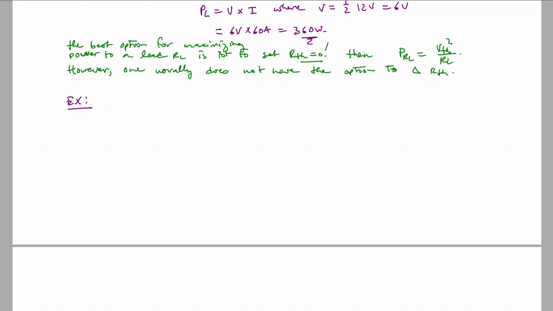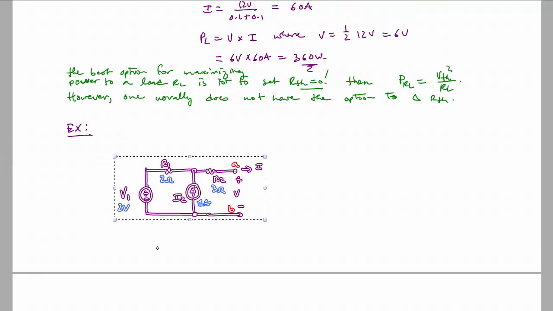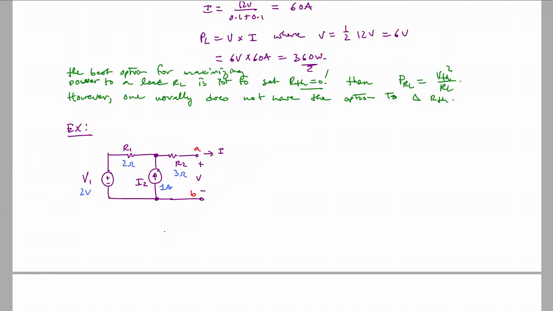Okay, let's look at the example. In closing here, we'll look at the example from when we introduced Thevenin's theorem. We had this circuit here, and we said, what's the Thevenin equivalent to this?